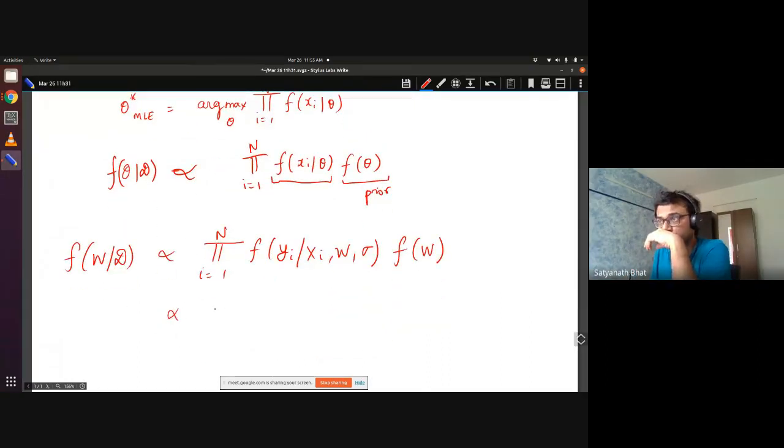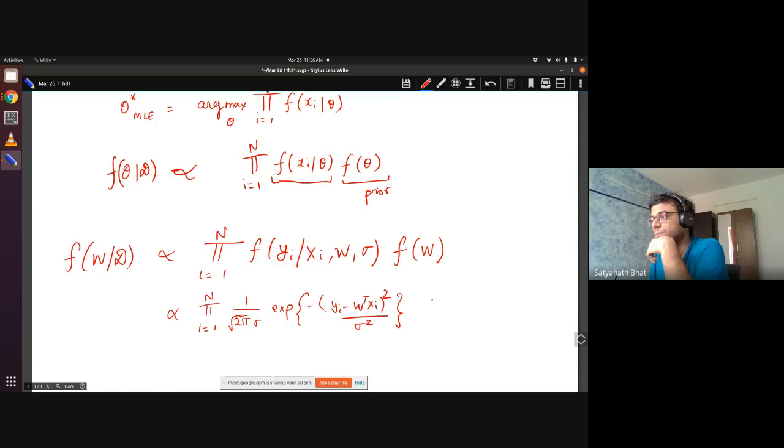This is proportional to sigma e power minus yi minus W transpose xi whole squared by sigma squared, times this, which is alpha.